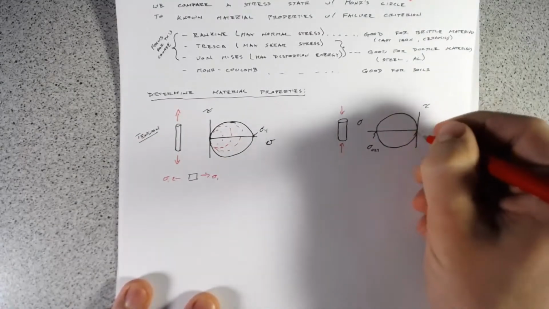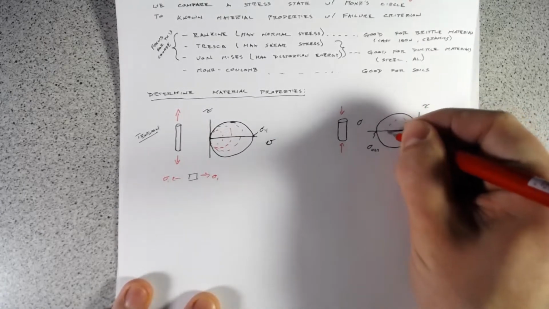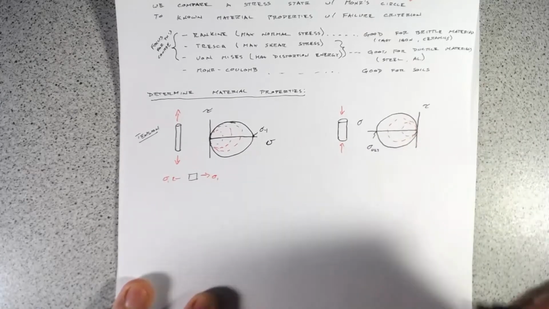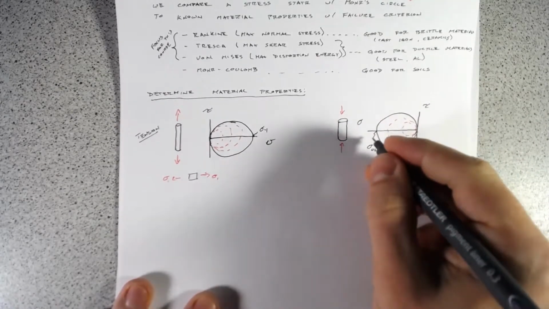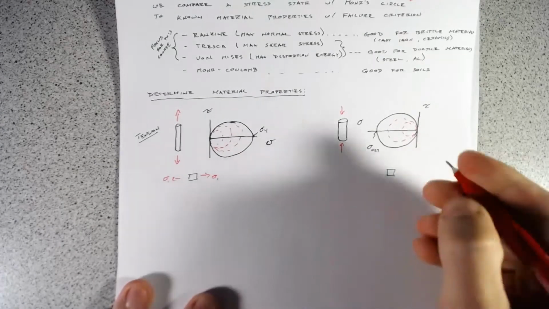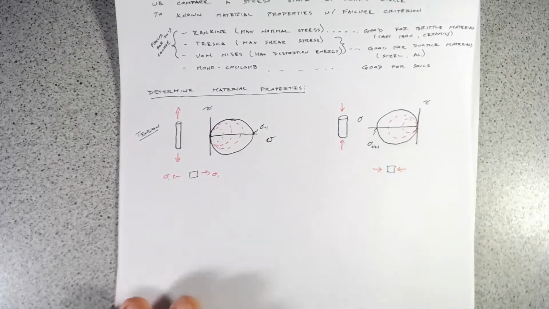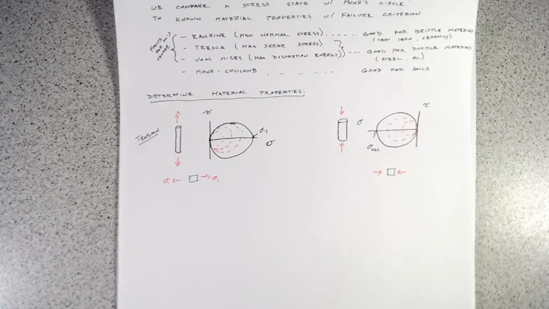And similarly, we've got this ever increasing Mohr circle until the material gives up, and that's going to look like that.